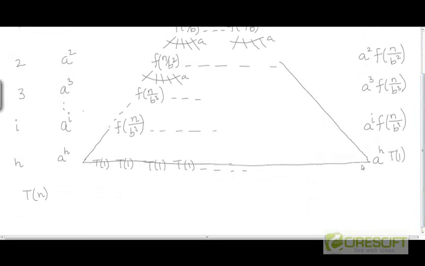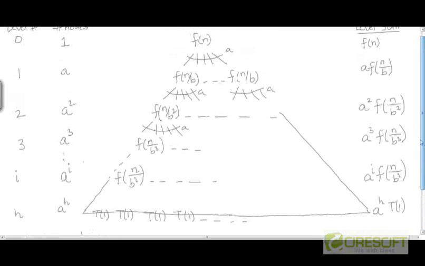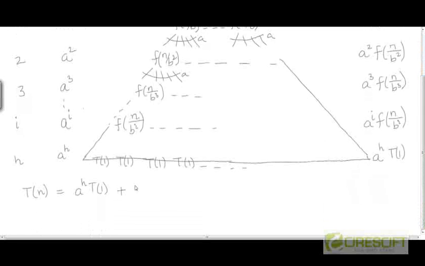Again, we will write the last term separately, a to the power h times T of 1, and we'll group together the remaining h terms from level 0 to level h minus 1 into a summation, i varying from 0 to h minus 1, a to the power i multiplied by f of n divided by b to the power i. Let's express h in terms of n.